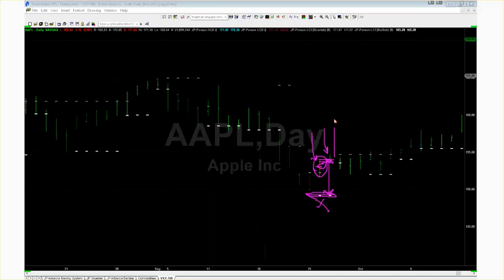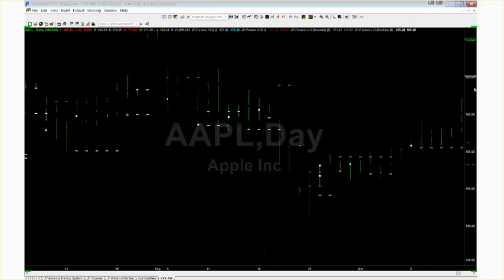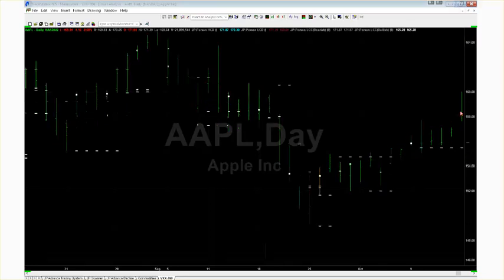So we have a long entry, and as you can see, nothing. We have new last conditional change, new last conditional change, and now new last conditional change. We use these as places to reduce risk, or when a market gets near an initial profit target, we can use them to scale out of our trade.